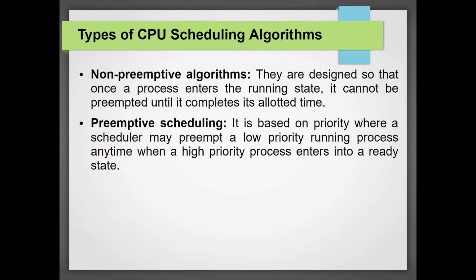Like if we are using a priority scheduling algorithm, if a new process comes into the ready queue with higher priority, then the older process executing in the CPU will get preempted and replaced by the higher priority process. So this is the major difference between non-preemptive and preemptive scheduling algorithms. In non-preemptive, there will be no preemption until the process completes the execution in CPU, but in preemptive, the process may get preempted from the CPU.